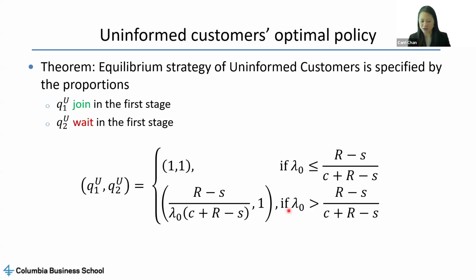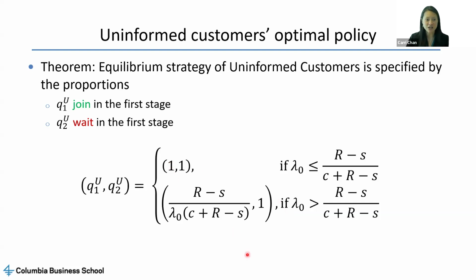They always enter the queue. And this is not surprising because in the uninformed setting, once you get to the second stage, there's no new information that's provided to you, right? And so if you were fully rational, you would stay. And the existence of the sunk cost is only going to make you more likely to stay because you don't want to have to pay that sunk cost. So in the second stage, everybody stays.